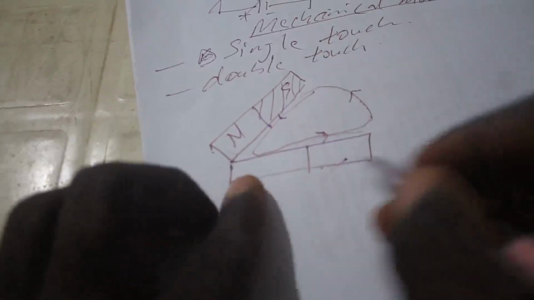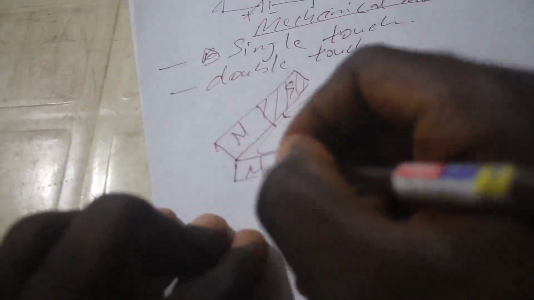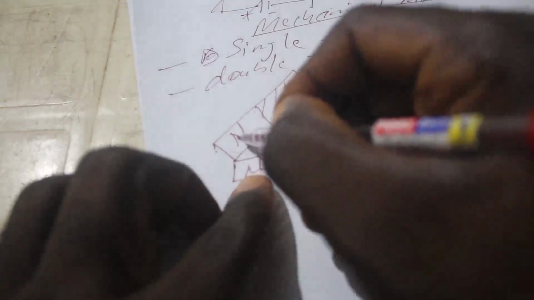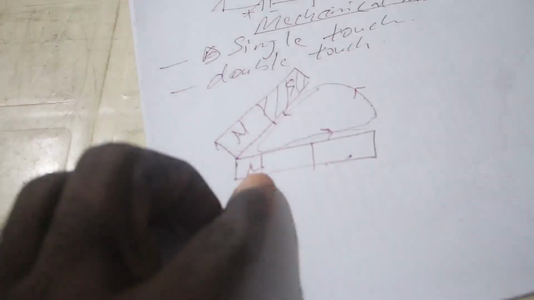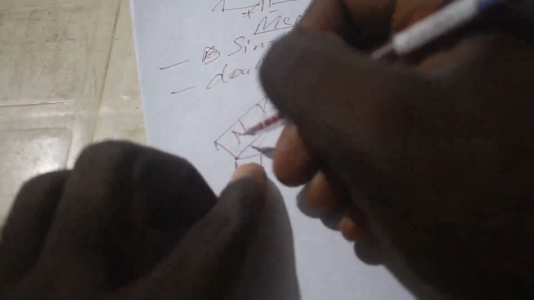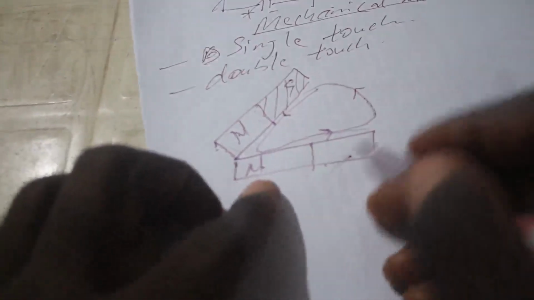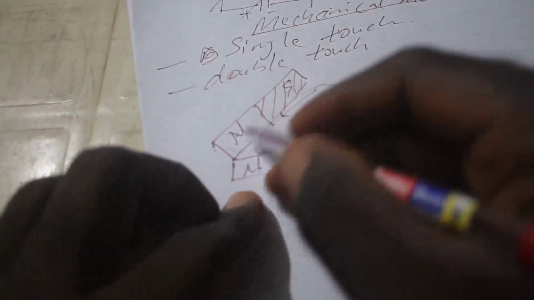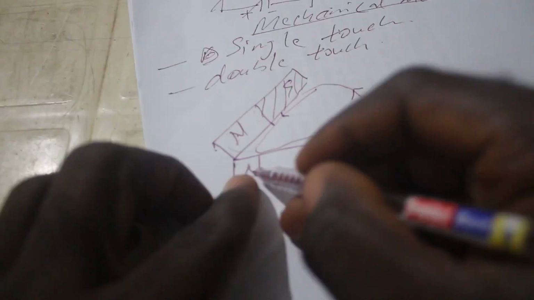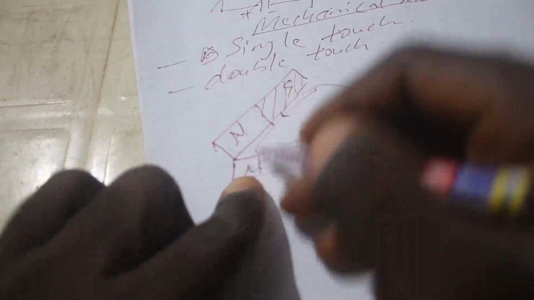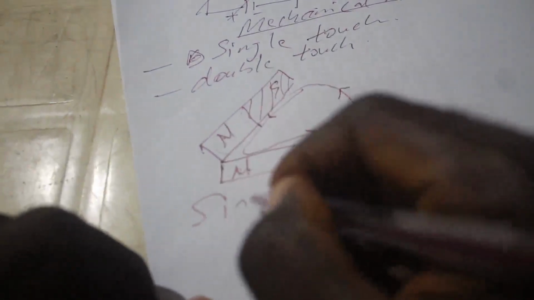Now, the poles will be such that here will have the same polarity as the part of the magnet used to do the stroking, and here will be the second side. Of course, if here is South Pole, then here will be South Pole and here will be North Pole. So the pole that is acquired here is exactly the same pole you used to do the stroking. So that's about single touch.